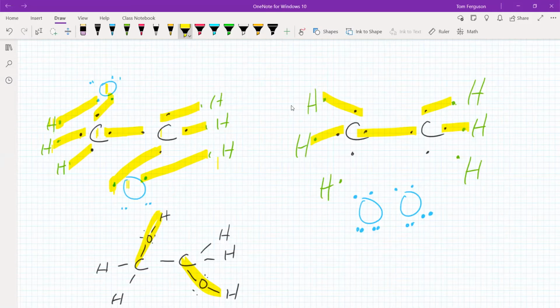Okay, so we have an interesting situation here. So what we're going to do is attach the oxygens together. Okay, so everything's connected with 1 bond. All right, is this legal?